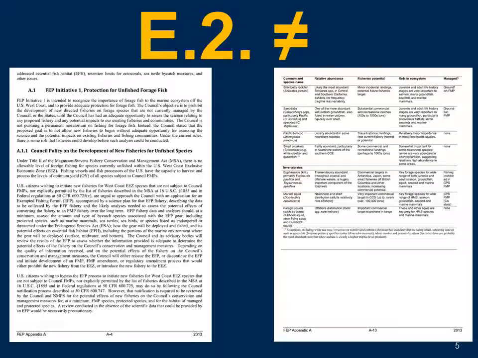For this March 2015 meeting, the Council is scheduled to take final action on Initiative 1 under agenda item E4. Current information on that initiative to protect unfished forage fish is provided at the Briefing Book website for agenda item E4.